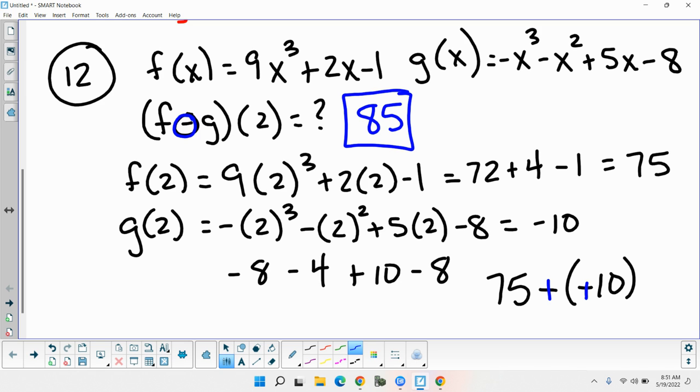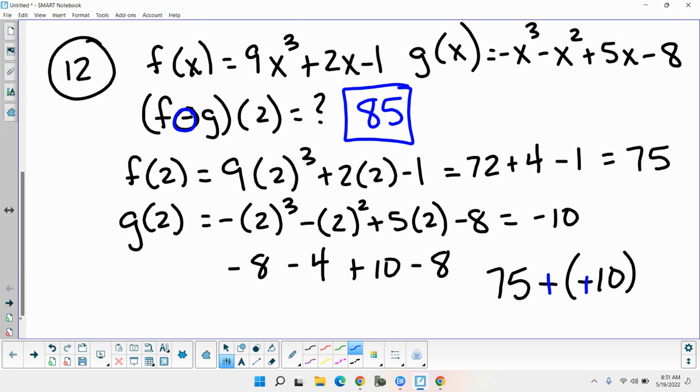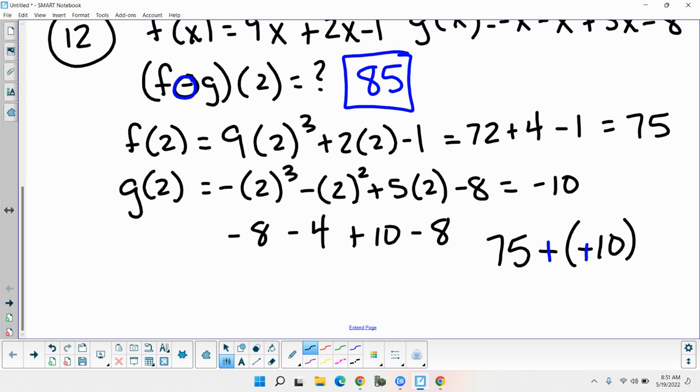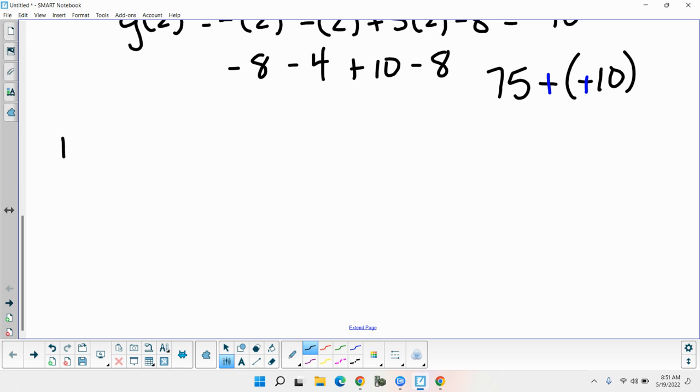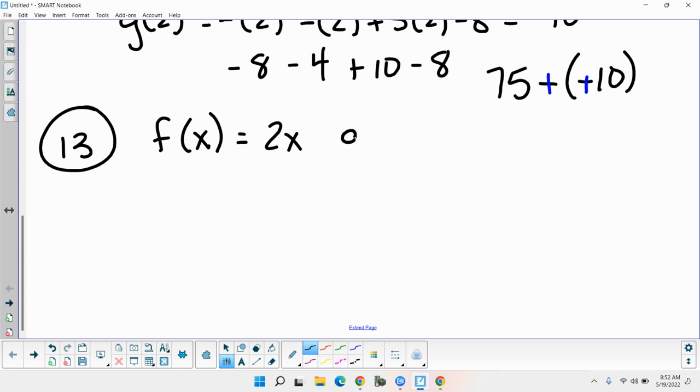Okay? All right. Number 13. Here's another function problem. f of x is 2x. g of x is x to the 5/7.